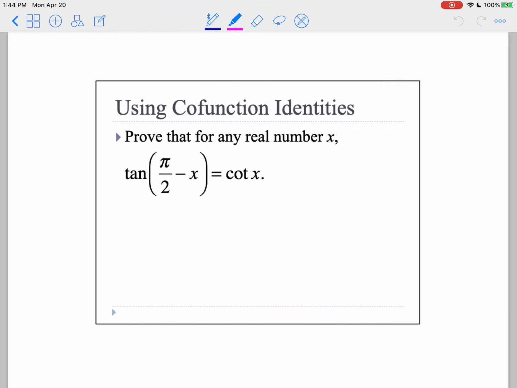So we're going to use this to prove that for any real number x, tangent of pi over 2 minus x is equal to cotangent of x. This is another cofunction identity, and we're going to prove this. I'm going to start with the more complicated side, which is the left side here. This is an identity, and I'm just showing that it's true. Starting with the left side, tangent is equal to sine over cosine.